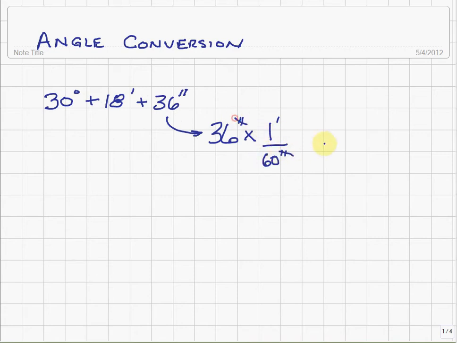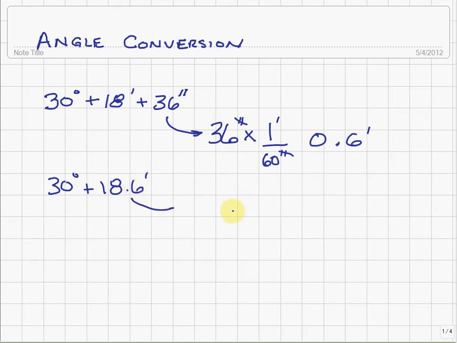My seconds cancel out. I'm going to be left with units of minutes, and my answer is 0.6 minutes. I can now rewrite this as 30 degrees plus 18.6 minutes.